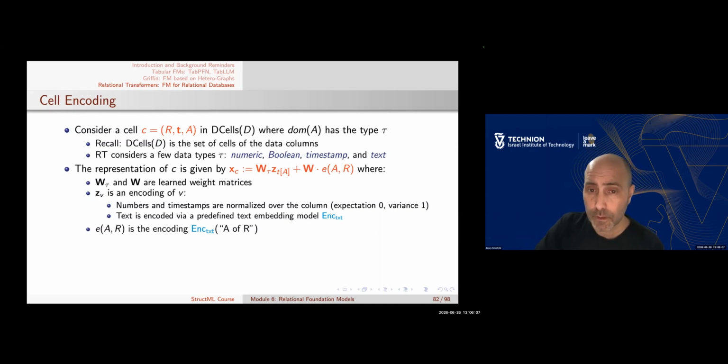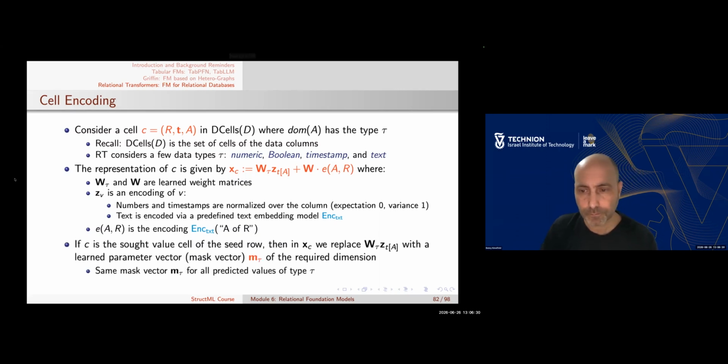So in the end, we have a linear combination of the value representation and the textual representation of the metadata of the cell. That's the cell encoding.